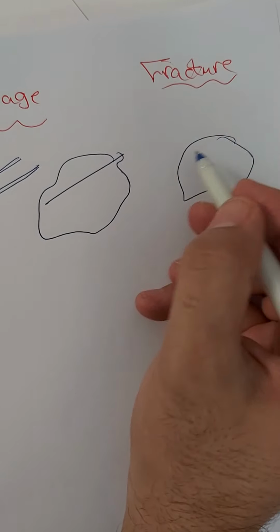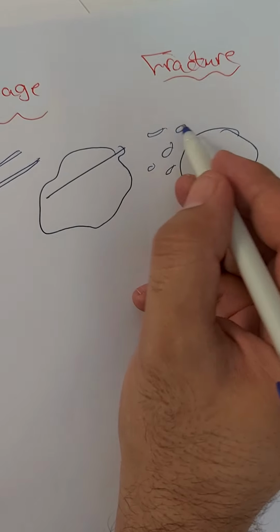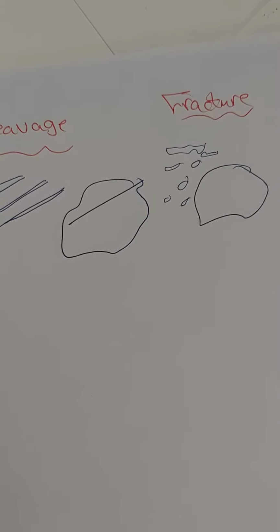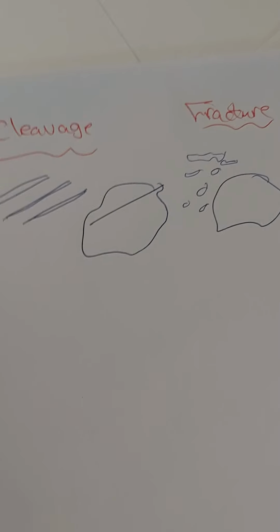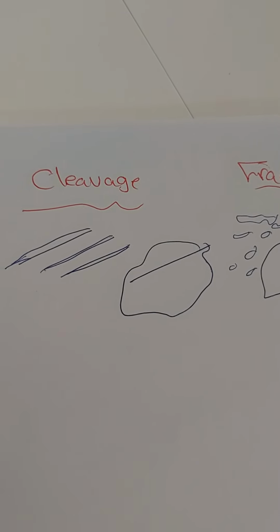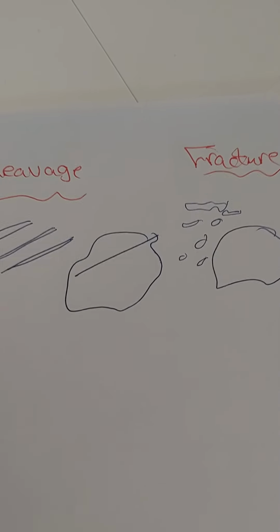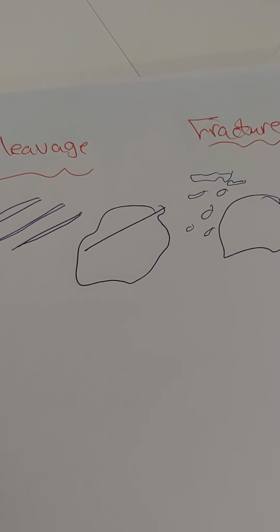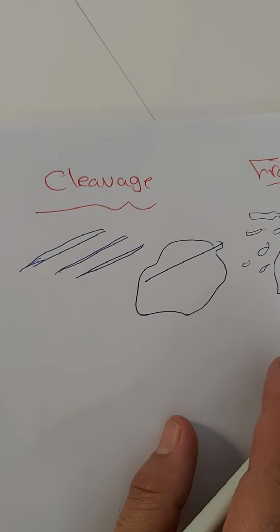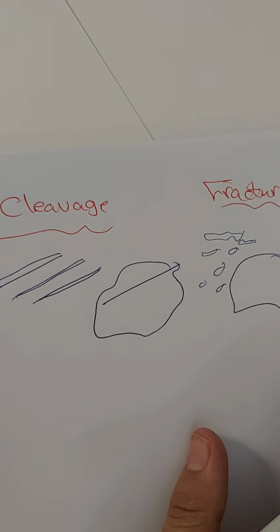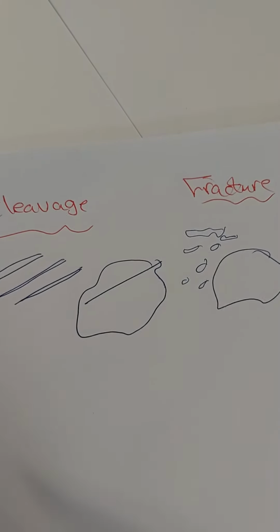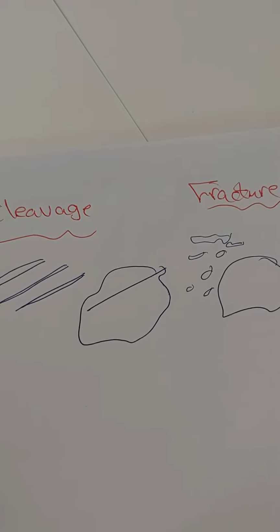Fracture is like a small stone; it doesn't have straight, smooth streaks. So cleavage has smooth and straight streaks, and fracture is the opposite of cleavage. Talc, for example, is not like diamond, quartz, gypsum or fluorite. Then we stopped, I think, here.